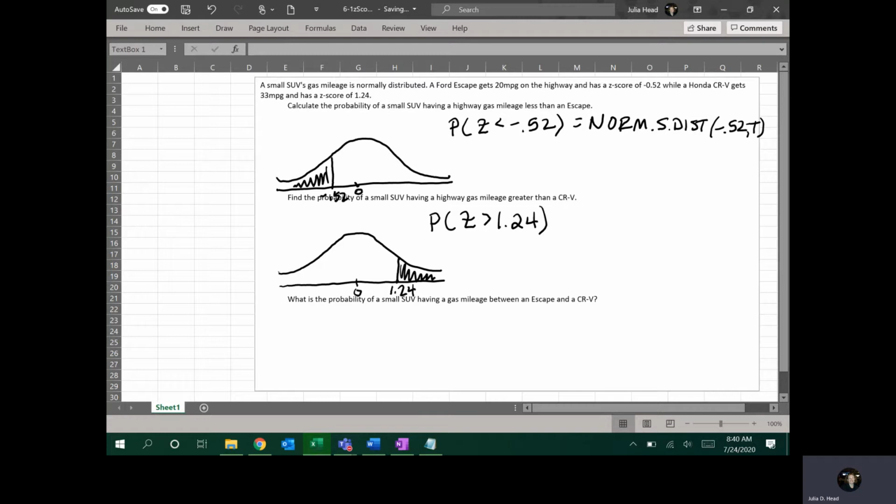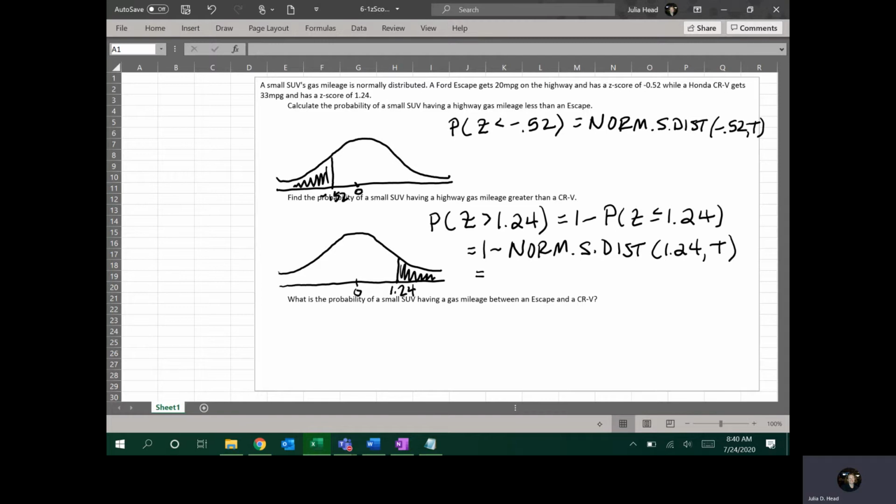But this time it's a greater than, so we need the complement rule. And the complement rule changes it to a less than, which means we can use Excel. And again, I'll come back and calculate all three of these after we do the third one.